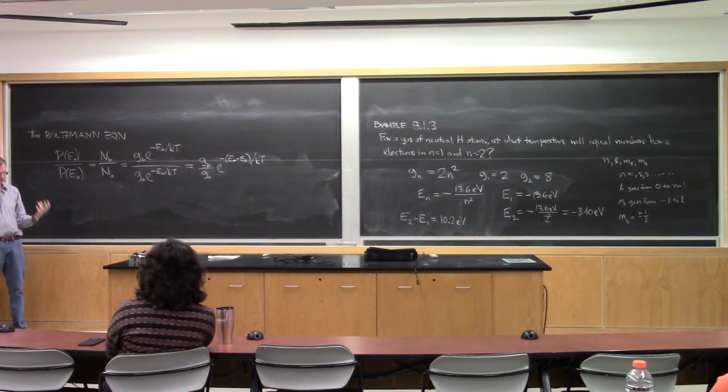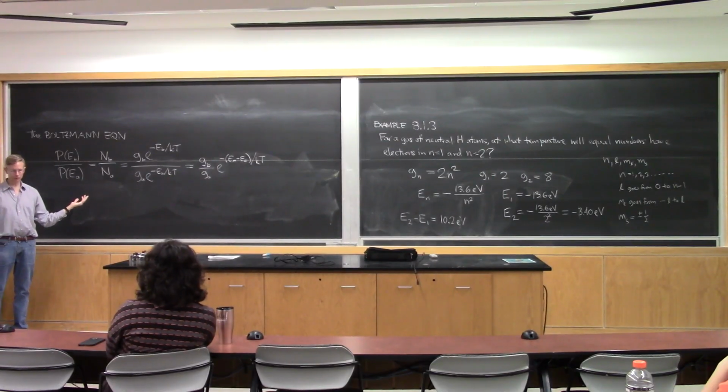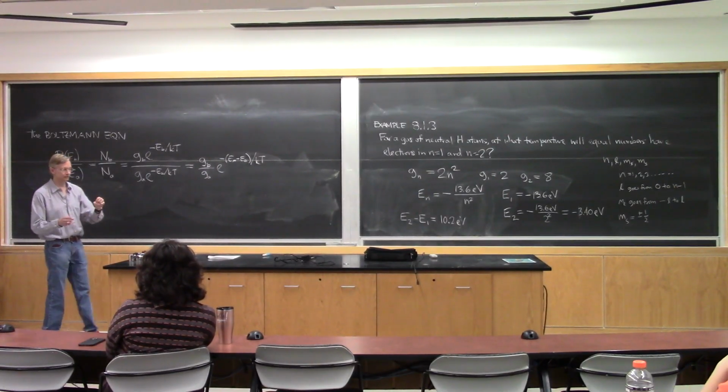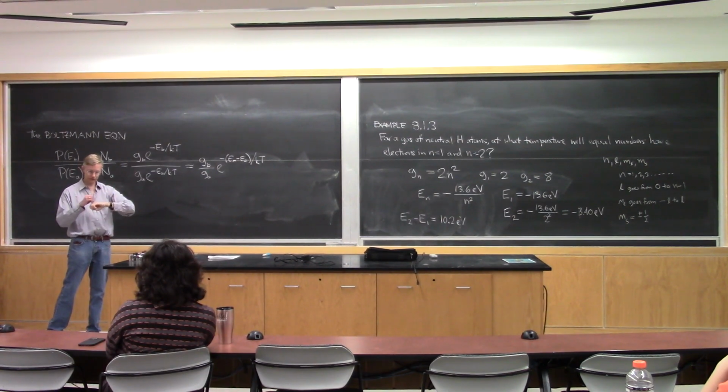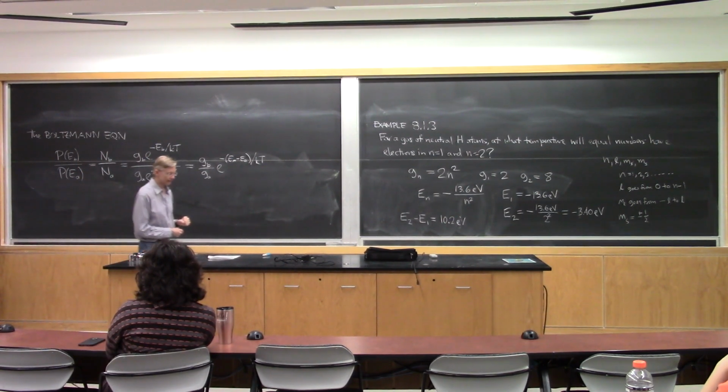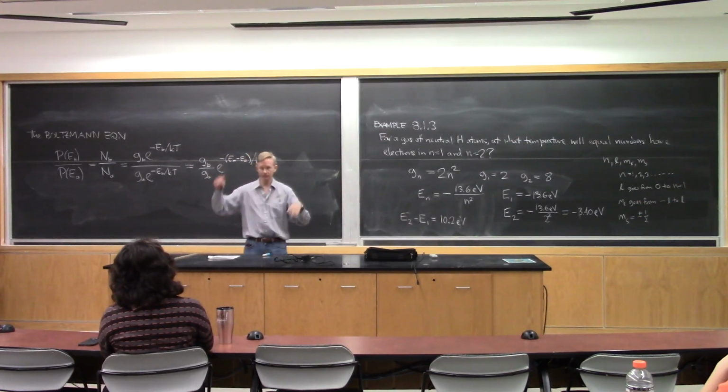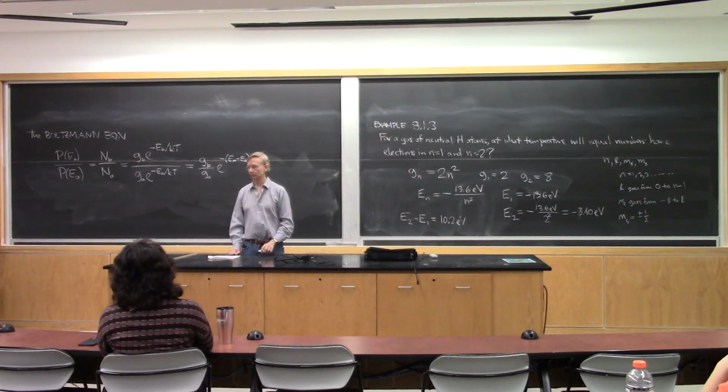Any individual atom is going between different energy levels, because when it gets into n equals 2, it'll drop down to the ground state one way or another, either by having a collision, with the energy showing up as extra kinetic energy after the collision, or by giving up a photon dropping down to n equals 1.